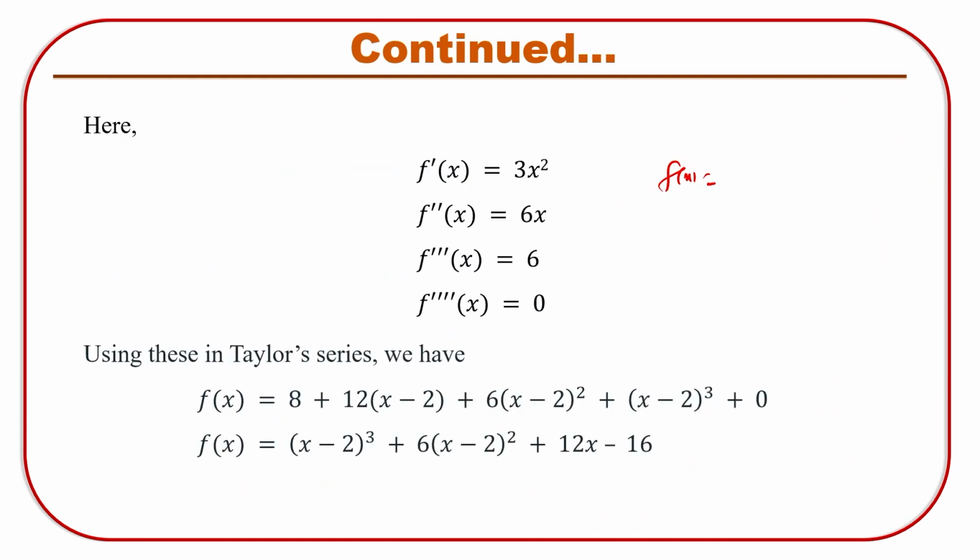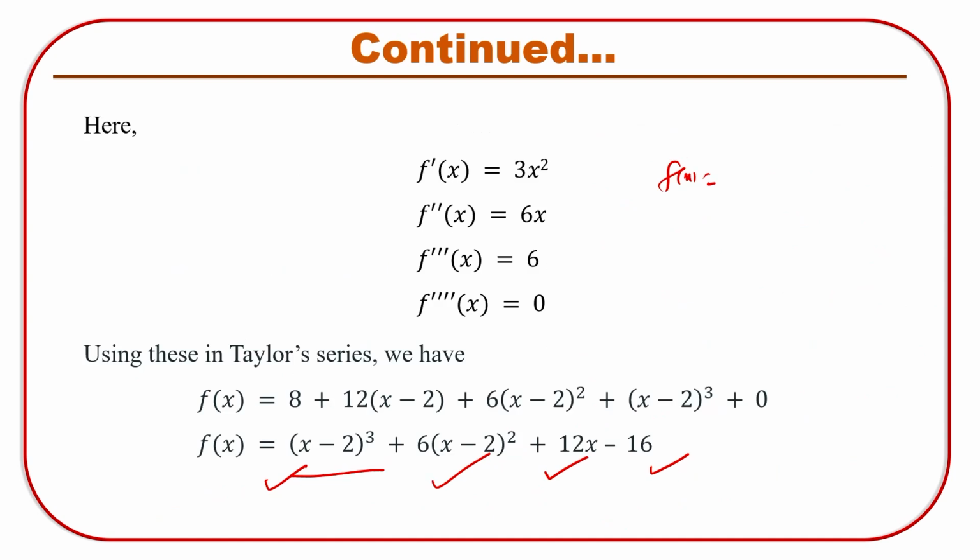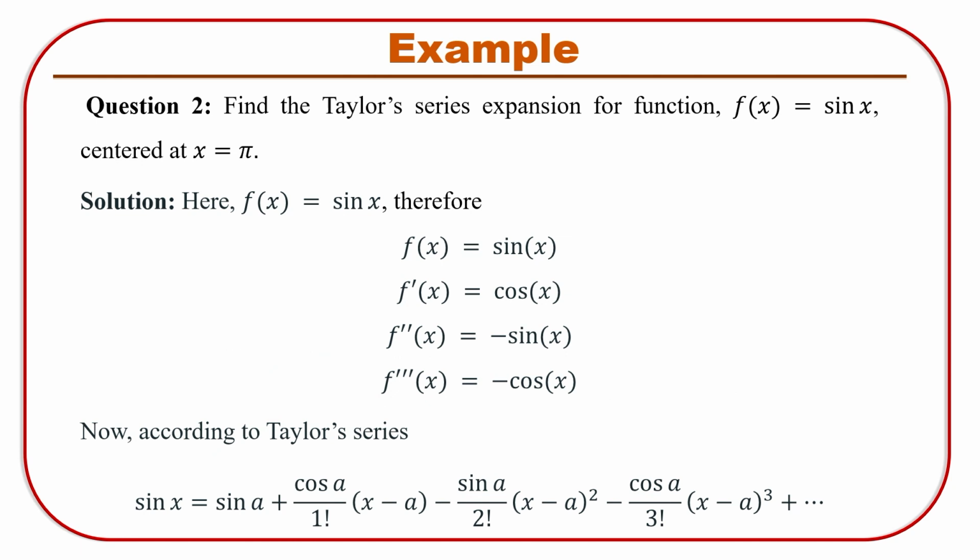So, now this f(x) is nothing but (x minus 2) whole cube plus 6 into (x minus 2) square plus 12x minus 16, and that is what we have found out here, right. So, that is the whole criteria. You have to find the derivatives of a given function, look at the point where it is centered, and that will be your answer.